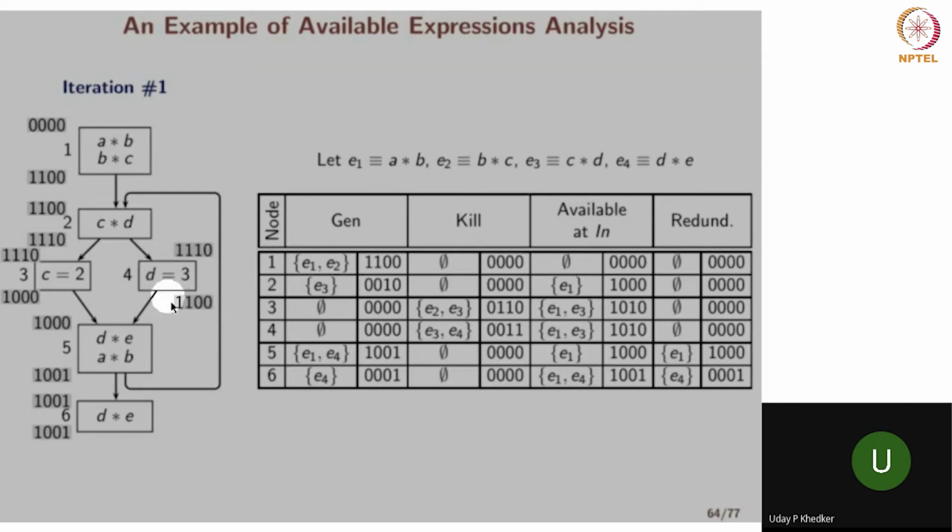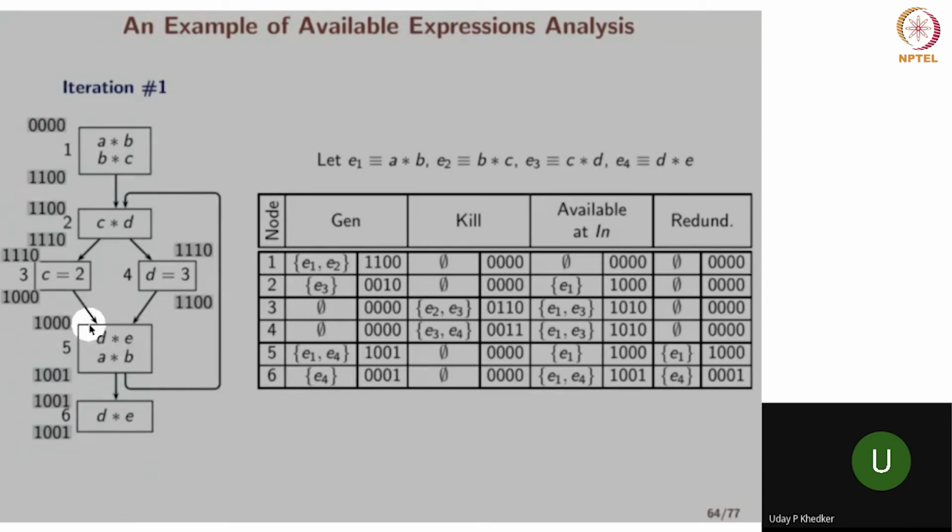So A star B and B star C are available at this program point. Their intersection, 100 and 110, gives us 100, which says that only A star B is available. B star C is not available here, because we have an assignment to C here. So intersection gives us that answer.